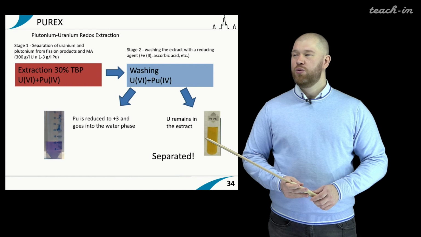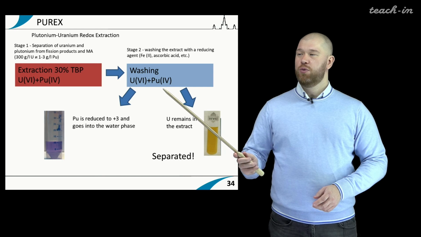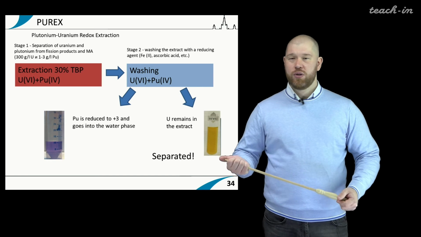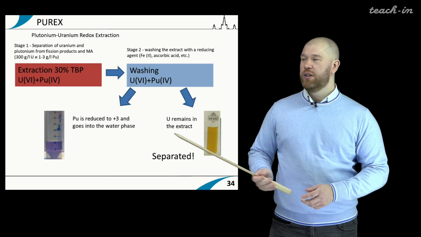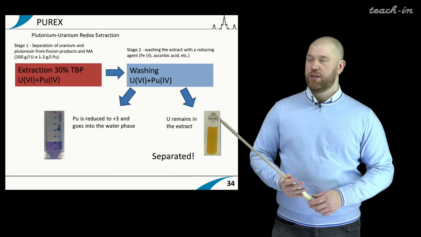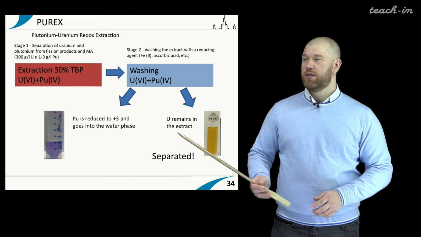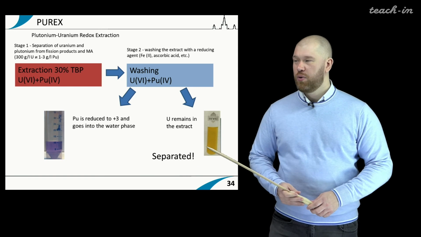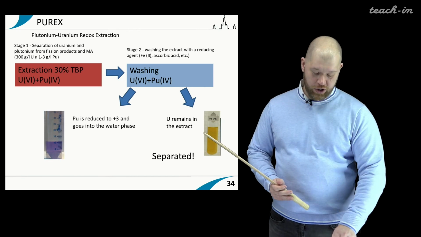It can be iron(II) or even uranium(IV), because it reduces plutonium(IV) to plutonium(III), and plutonium(III) is no longer located in the organic phase but goes to the aqueous phase. And uranium(VI) is still in the organic phase, and thus we separate these first two metals from all the other fission products, and then we can also separate them from each other.